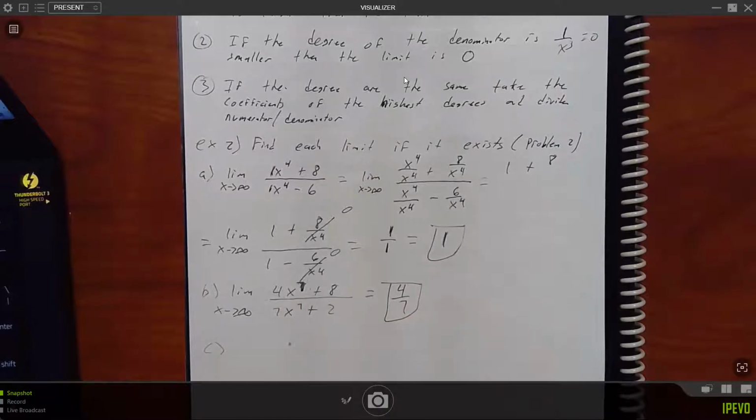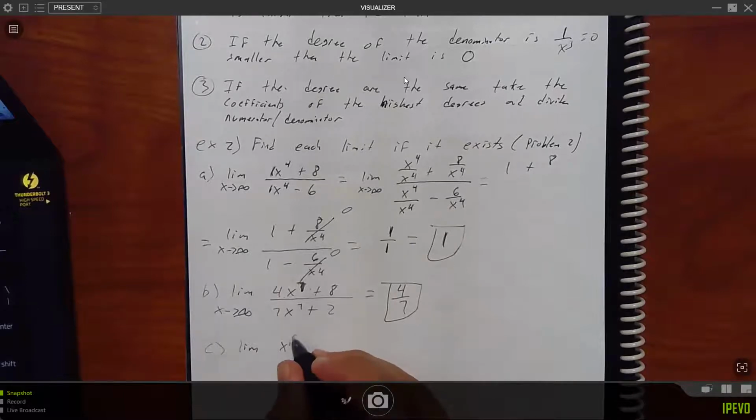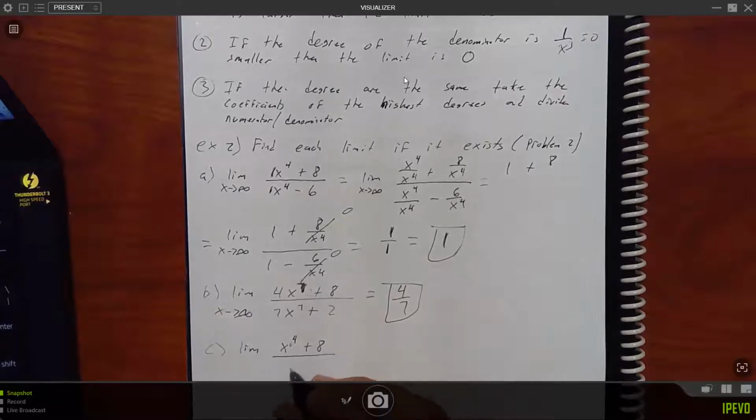Similarly, the limit of x to the 4th plus 8 over x to the 5th minus 6. Let's make it a little more complicated.